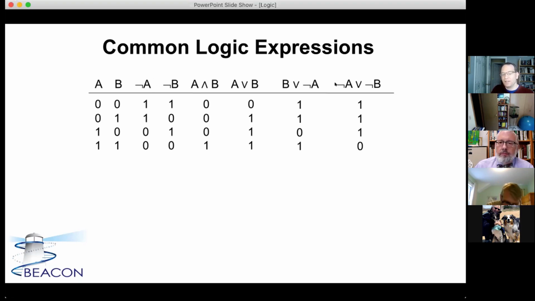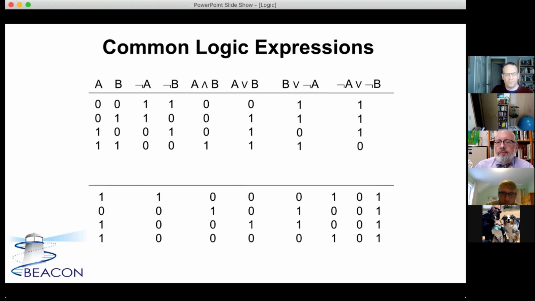All right, so here we've got our not A or not B. And you can see we can write that this way, the not A or the not B. Now, instead of going through and showing you how we get to each one of these other ones off the bat, I can just show you, here we've got a bunch of the other patterns, all of the things you can get, and we've got different symbols for them. So we've got A or not B, which you can look at, it's either this first column or this fourth column.